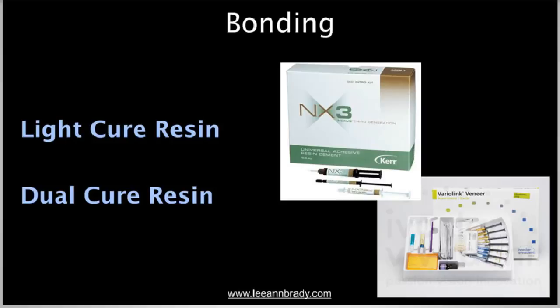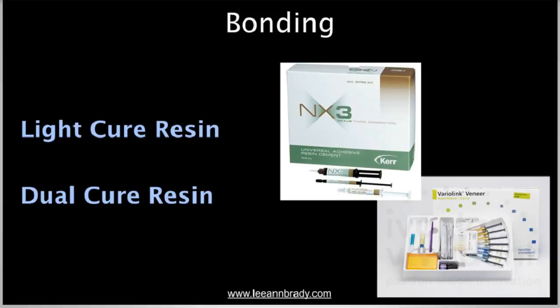So when we think about the world of true bonding, we have basically two big groups of material. We have materials that fall in the pure light cure realm, and we have materials that fall in the dual cure realm. When we differentiate those two, I usually think of light cure materials as most appropriate in the anterior of the mouth because there are two features of light cure materials.